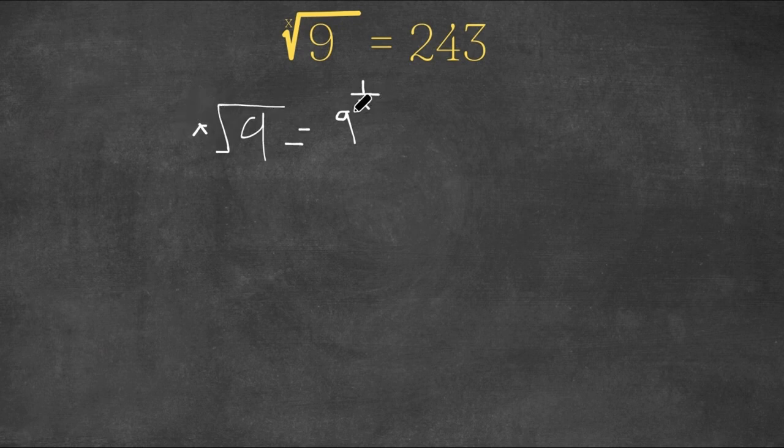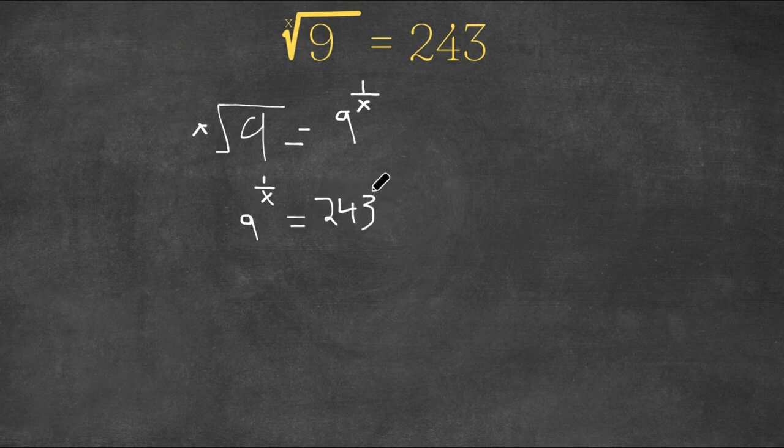So now that we have an alternate form of this, let's write down our equation. We have 9 to the power of 1 over x equals 243.